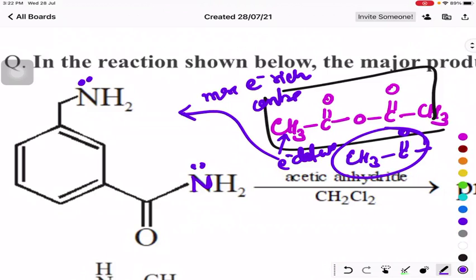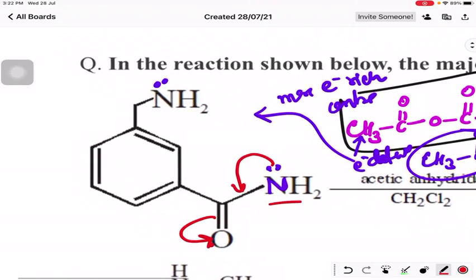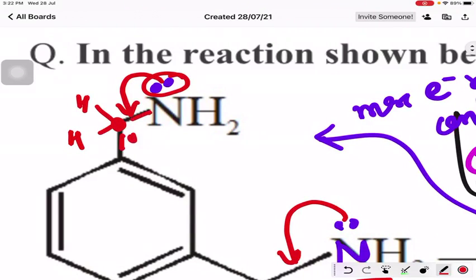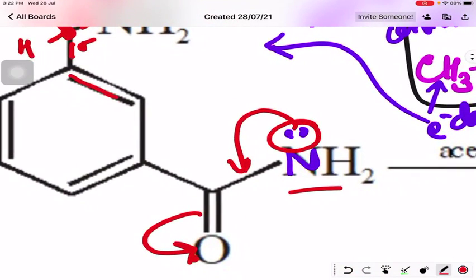Now in one case this nitrogen lone pair is involved in conjugation with the ring, so it is not readily available for donation. But in the other, the lone pair is not in conjugation with the ring, because there is one carbon with 2 hydrogens, so a gap of 2 sigma bonds between the ring pi bond and the lone pair. So it is not in conjugation. Here it is 100% available with the nitrogen, but there it is only 50% available.